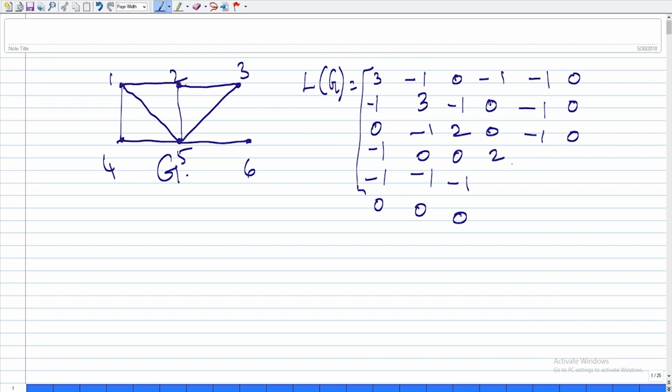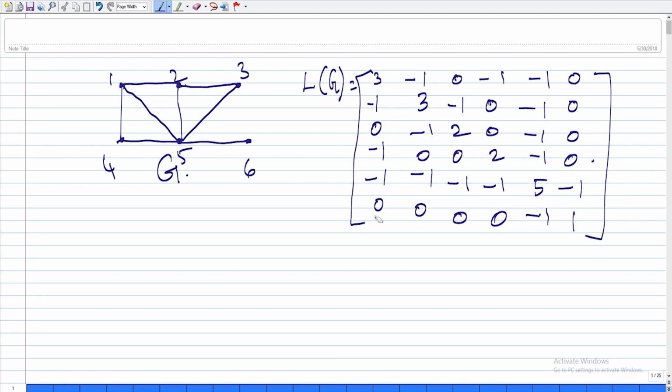So what about this? Is this correct, or did I make any mistakes?